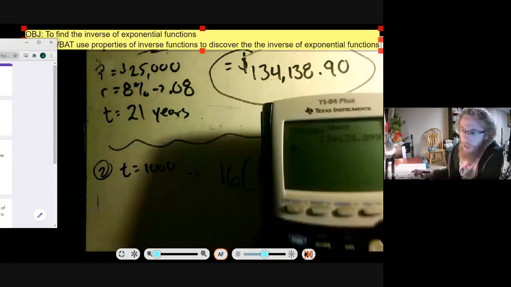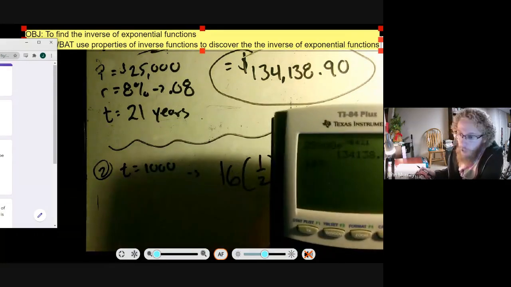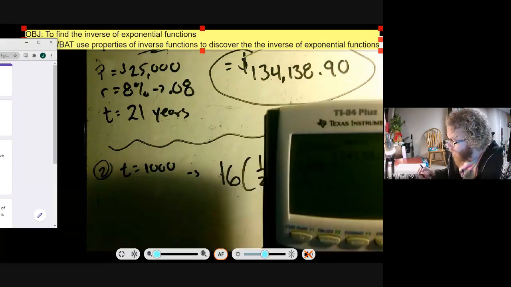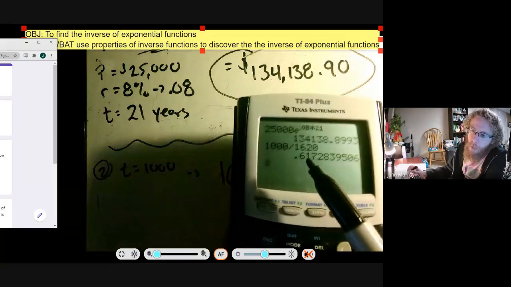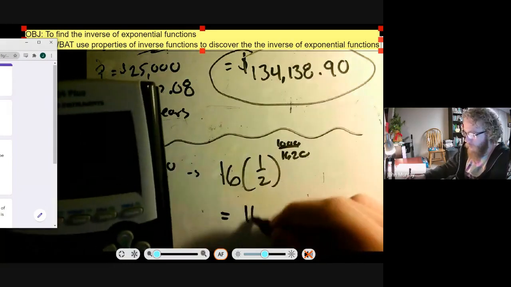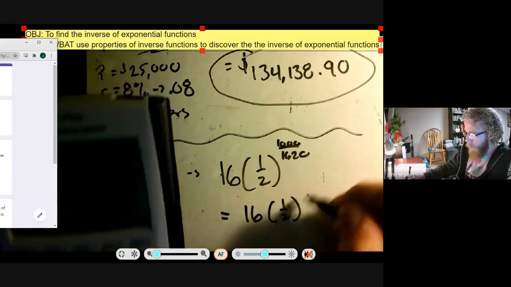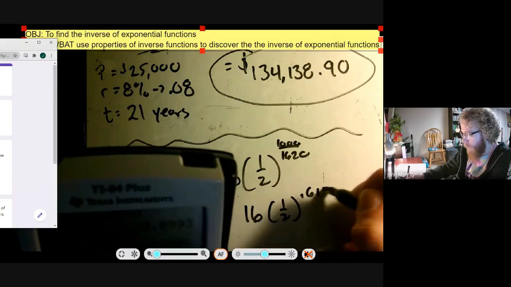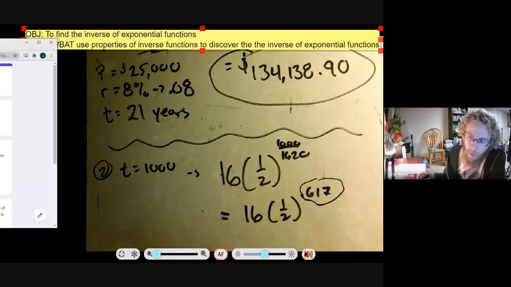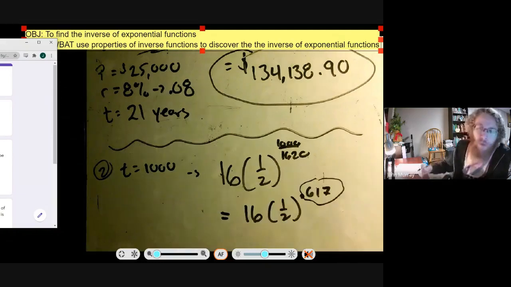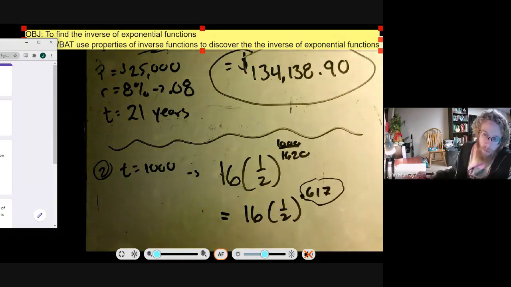Now, I'm going to calculate this first. I'm not sure if I mentioned this yesterday, but whatever you reduce that exponent to, this number that you get is the number of half-lives it goes through.